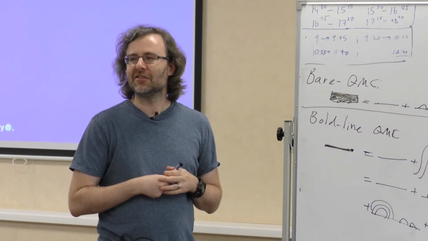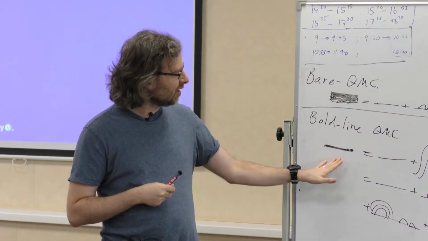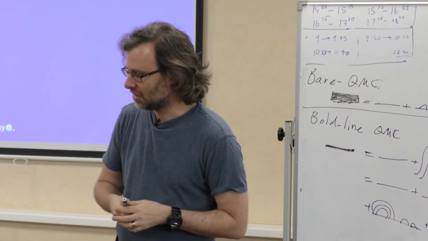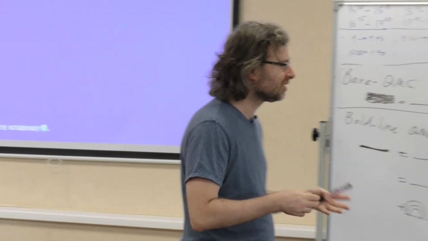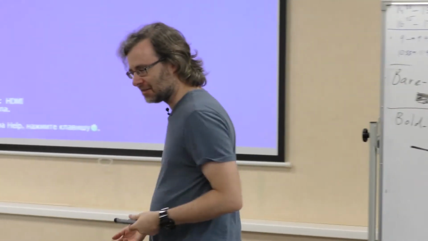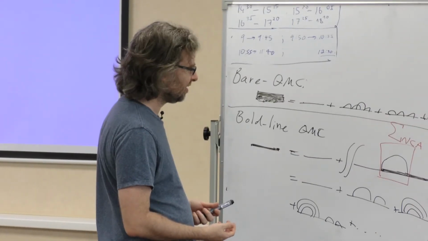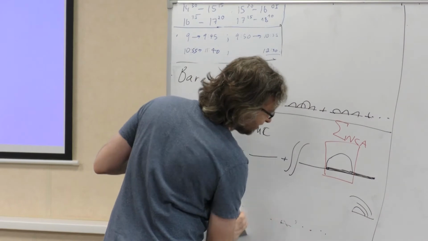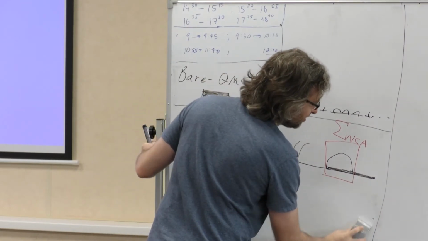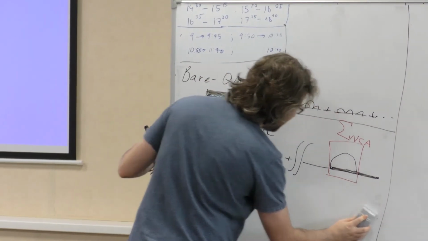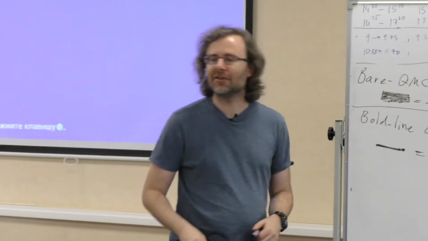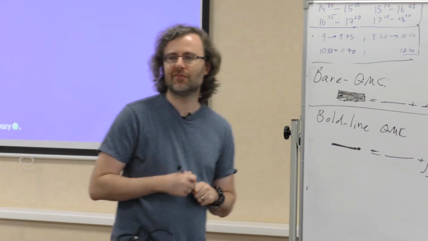So we have defined this set of bold propagators. What we can do now, we still don't like guessing self-energies. We want an exact solution. So we would still like to do Monte Carlo and sum up all possible diagrams, but we would like to take advantage of the fact that we can quite efficiently calculate this bold line.